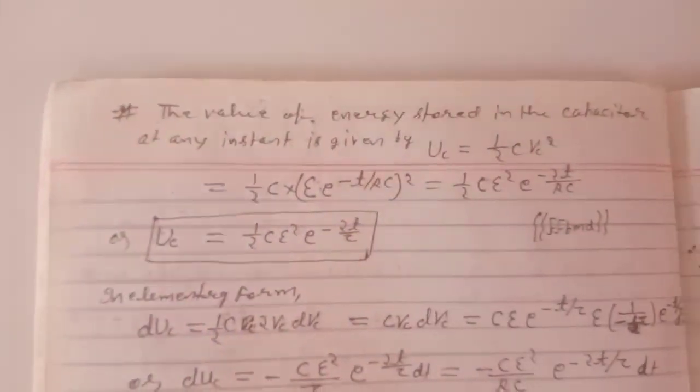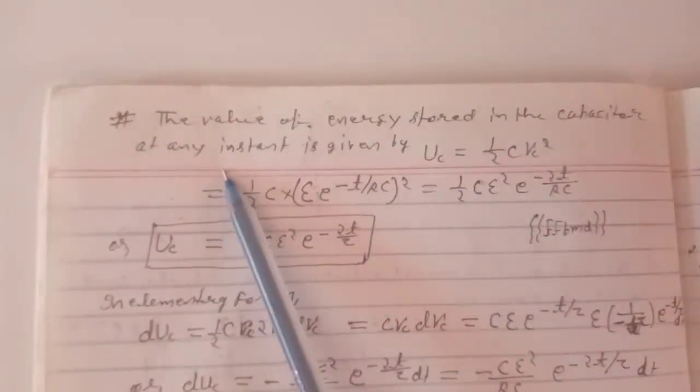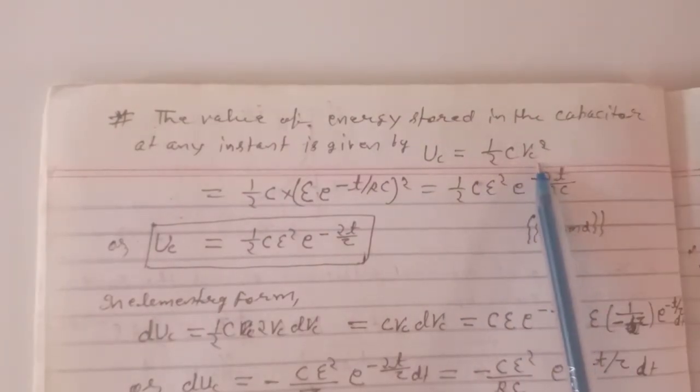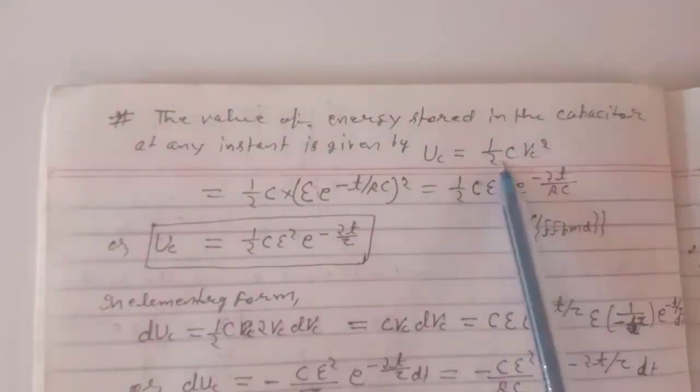Next, the value of energy stored in the capacitor at any time instant is given by Uc equals 1 by 2 C into Vc square. We know the formula for potential energy is 1 by 2 C Vc square.